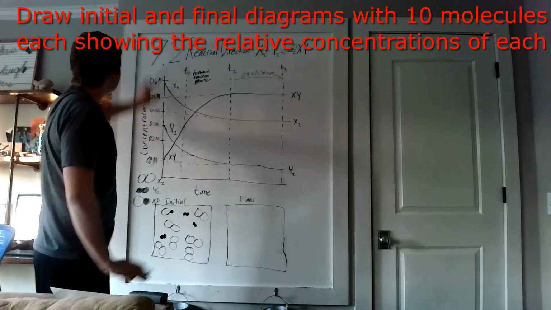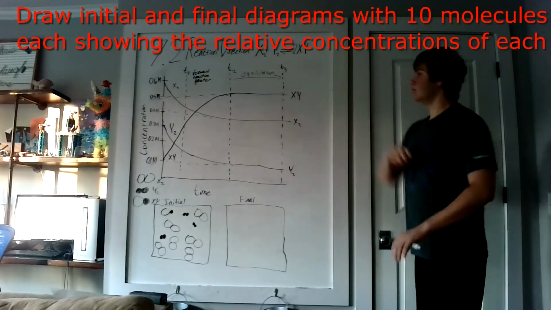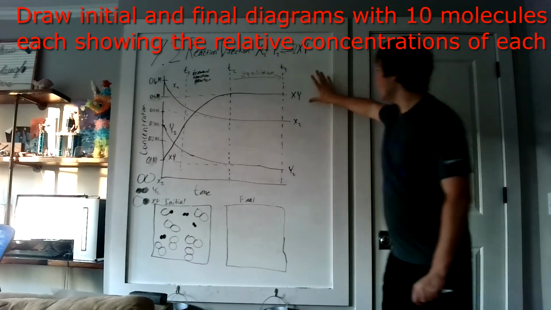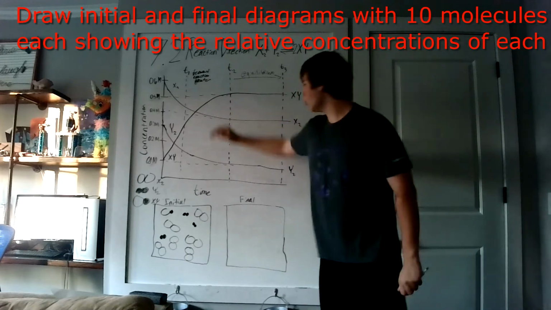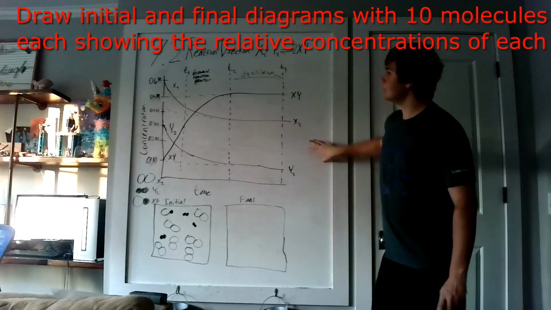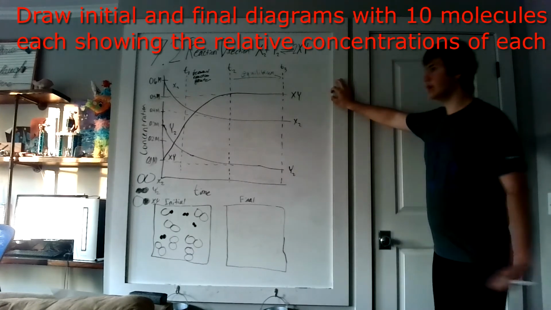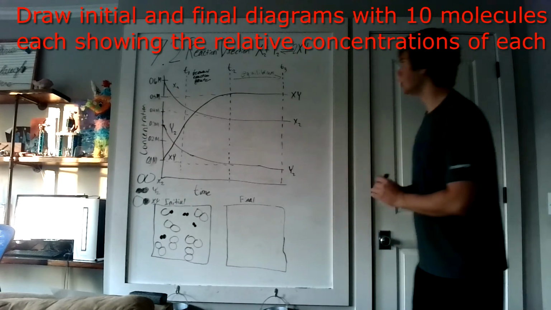So that's what it looks like initially, but finally we can see that we have vastly different concentrations. We see that XY is 0.5, X2 is 0.4, and Y2 is 0.1. That still adds up to 10, so we can do 1 per molecule, or 1 per 0.1 molar concentration.